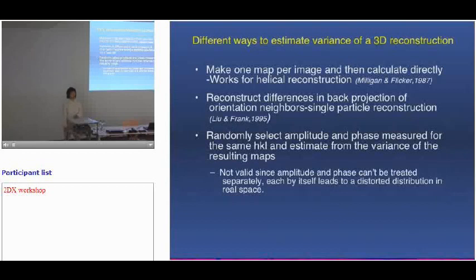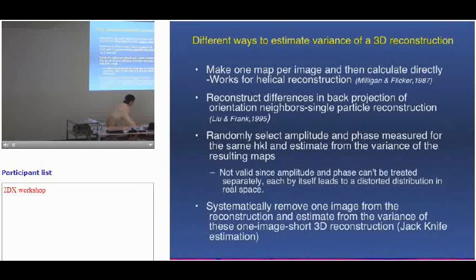That really doesn't work, and it shouldn't work, because when you are doing things in Fourier space and you translate it into real space, the distribution will get distorted. I tried this, and I realized that it caused distortion. So I knew that it would not work. So that's something you should not try.